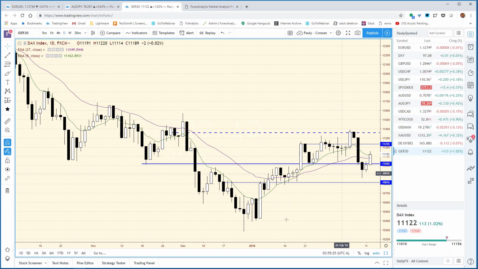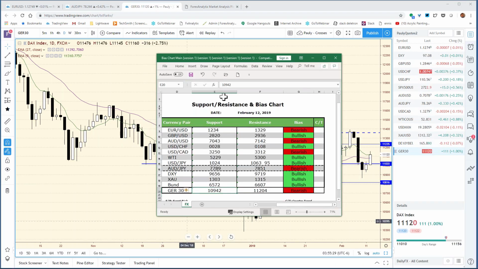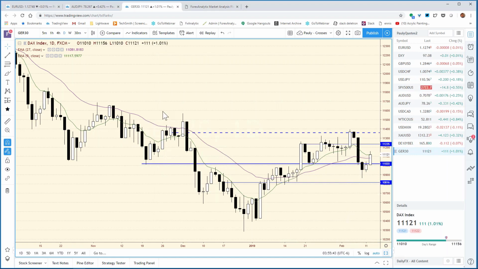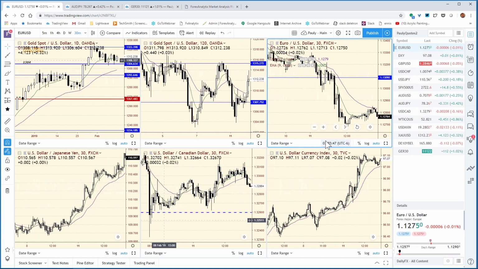And it's going to be 10,923. We may not even see that, but 10,923. But you can see the momentum still working lower here.